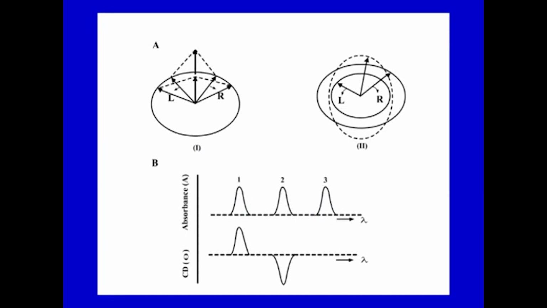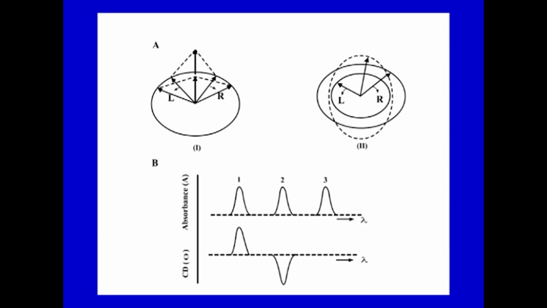Likewise, if you see absorption and CD spectrum, these are two different. Absorption spectrum every time shows the absorption. If you see here the first one, this is absorption, but this is left circularly polarized light in positive way, this is right circularly polarized light, and here there is no signal because this is an achiral chromophore.